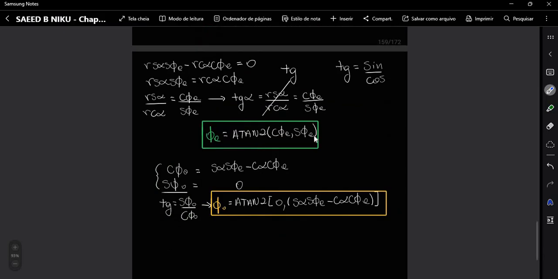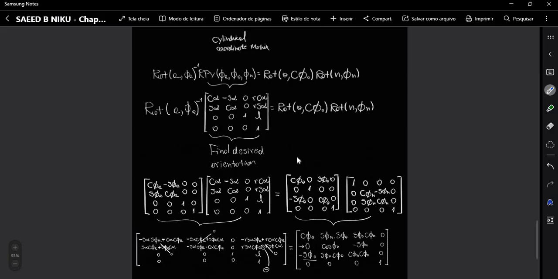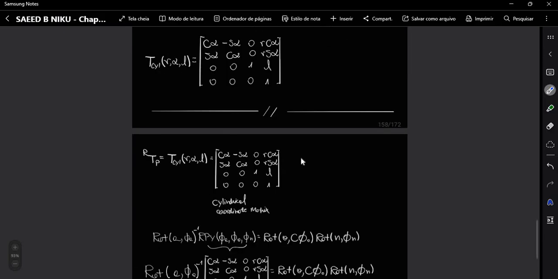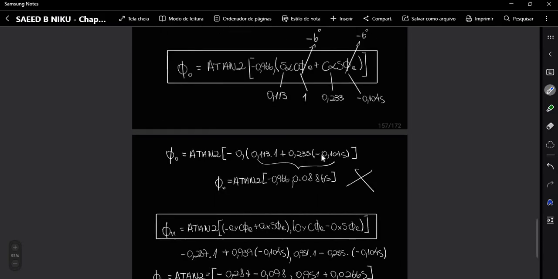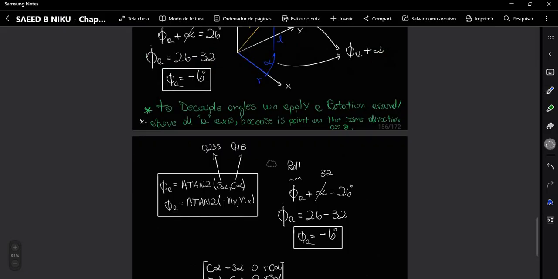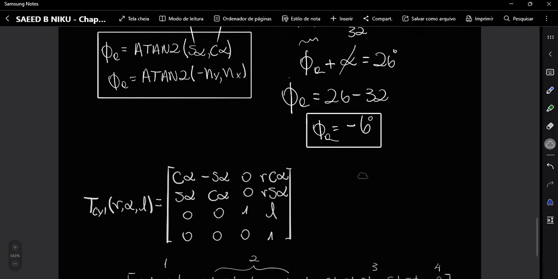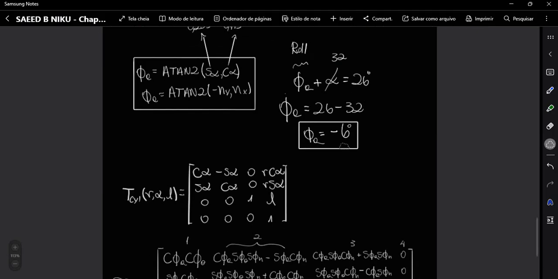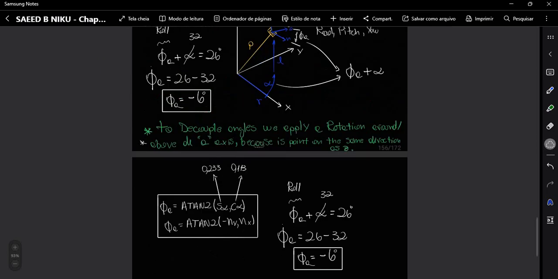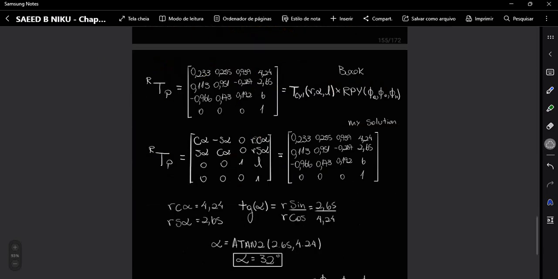Actually, we can try to solve at least for phi a. But the problem is that for phi A, we already have solved, and we find this minus 6 degrees on this example 2.22 of the tradition.